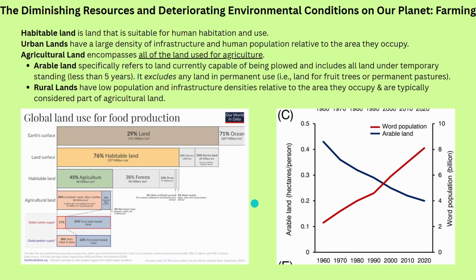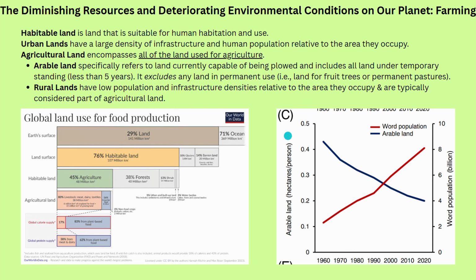With all that being said, let's take a look at figure 1C from the paper. Again, across time, as world population increases, arable land directly decreases, causing an inverse relationship. Arable land specifically refers to the land that is currently capable of being plowed and includes all land under temporary standing.